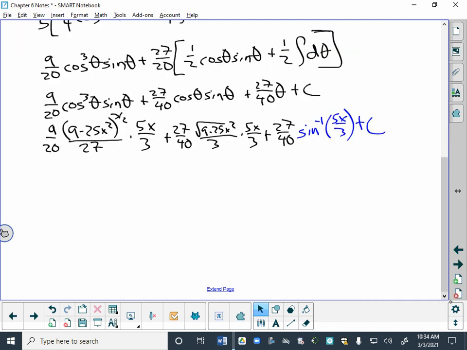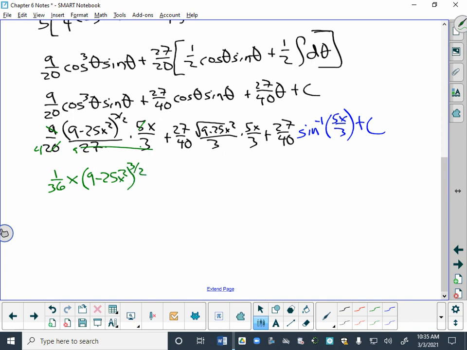And let's do one final run through simplification here. 27 times 3, these down here are going to make an 81, and so that's going to leave a 9 to cancel with that. These are going to cancel to a 9, so that looks like the 5 is going to do a little canceling here as well. So 4 times 9, I've got a 1 over 36, x times 9 minus 25x squared to the 3/2 power.